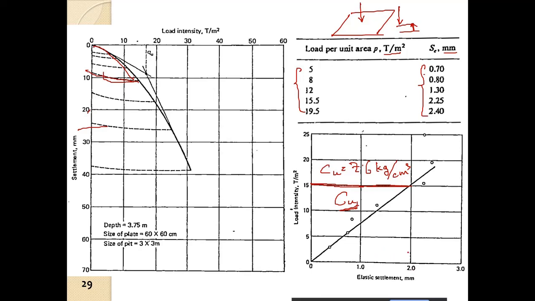If I consider here, it is 15 ton per meter square divided by 2 mm.